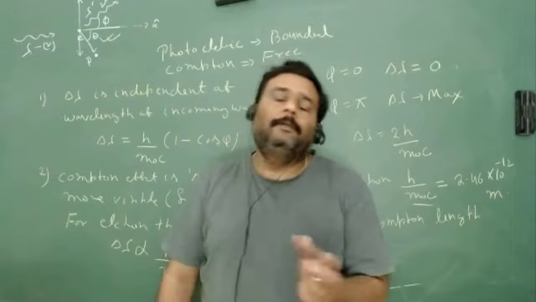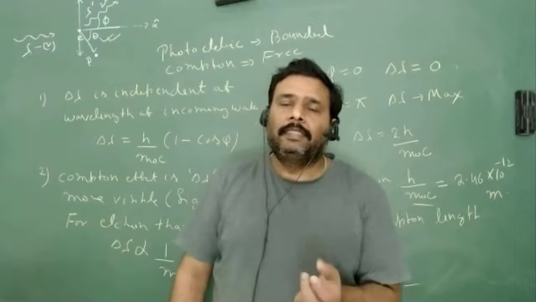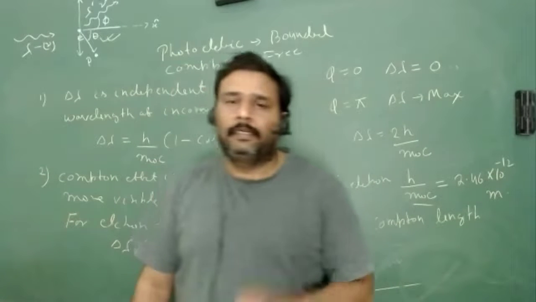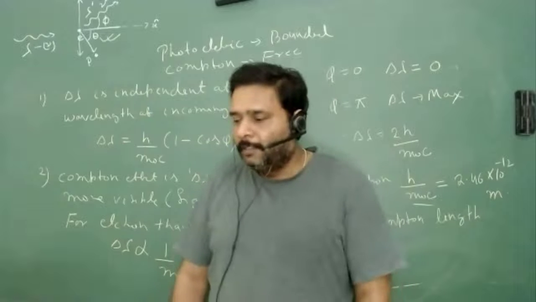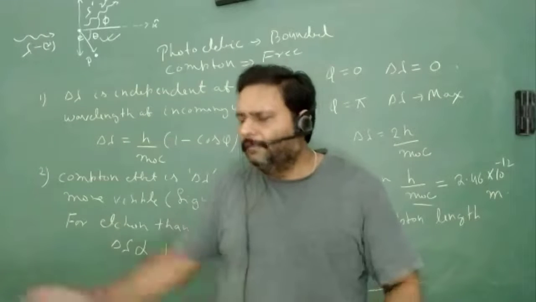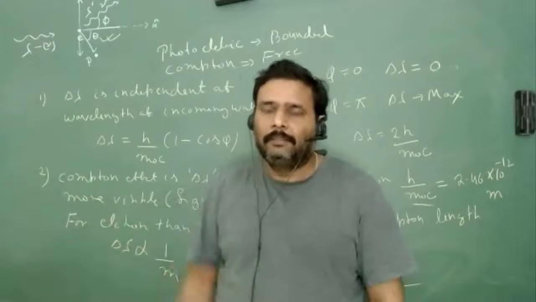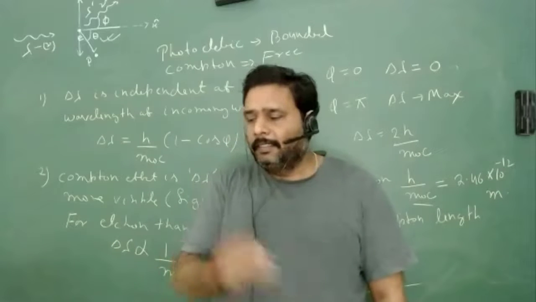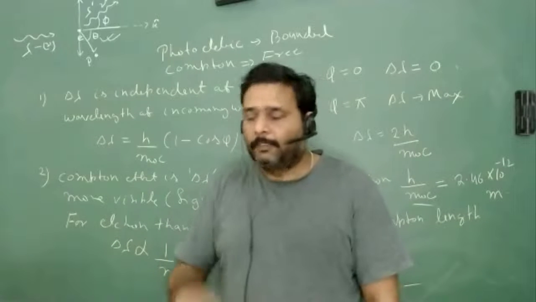So don't be bothered about saying that light is only a particle or only a wave. In the next weekend class, I will take modern physics, and then we can also start quantum mechanics.